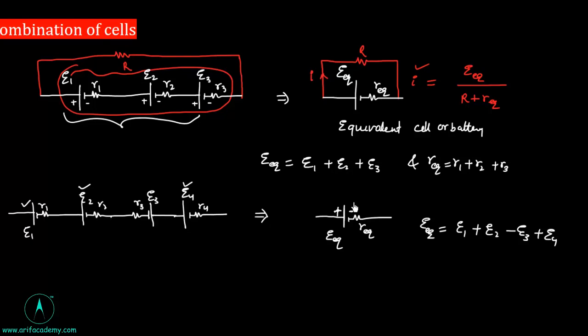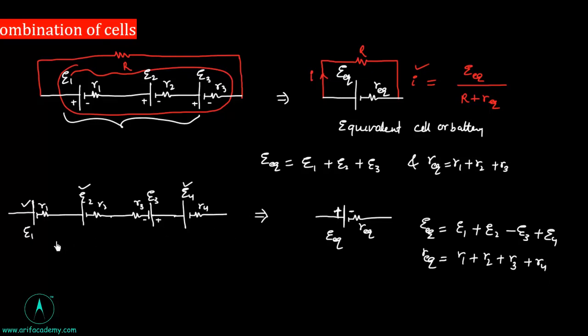Because I have drawn the positive terminal of the resultant equivalent cell on the left, so all the cells whose positive terminal is on the left side are taken positive and this one is taken negative, so there is E3. But in the case of equivalent resistance there is no positive or negative side of a resistance, so it is always added like this.